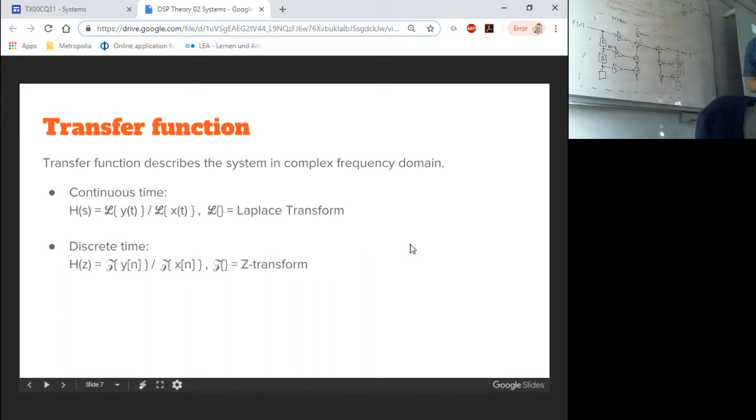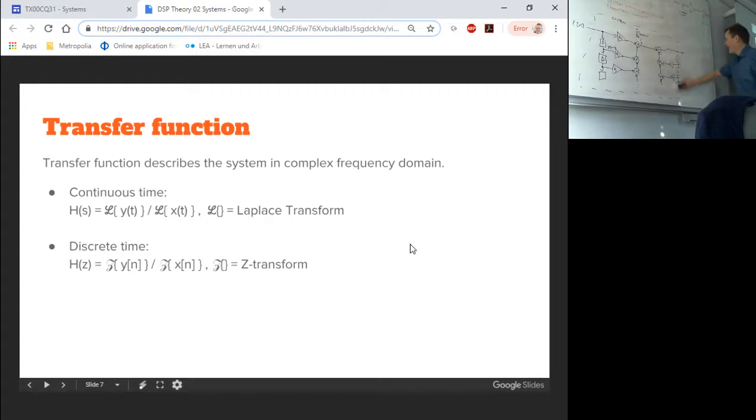Transfer function. In mathematics class, have you already covered the Z transform? Z transform, is it familiar? Laplace transform? Yes, you have covered the Laplace transform.